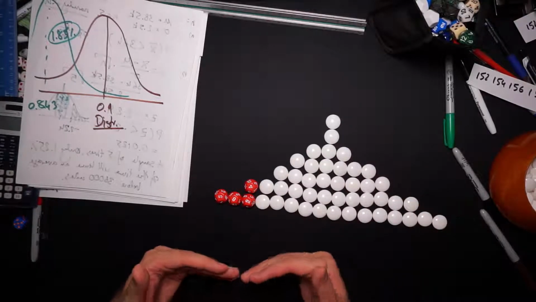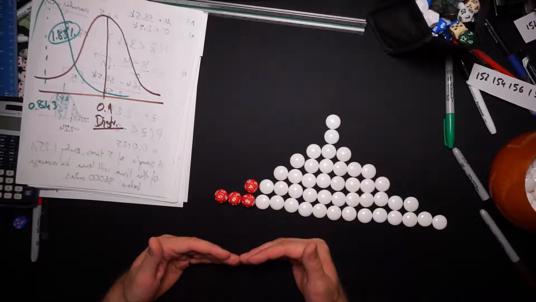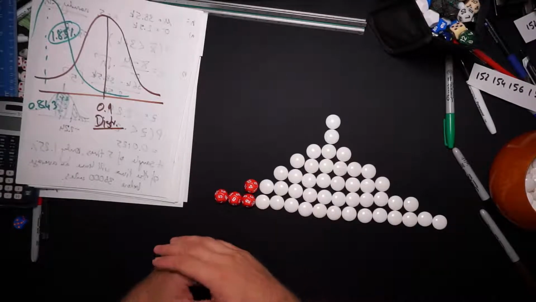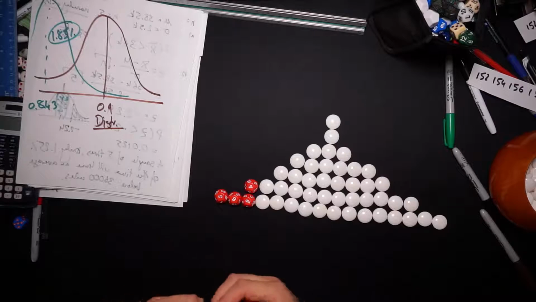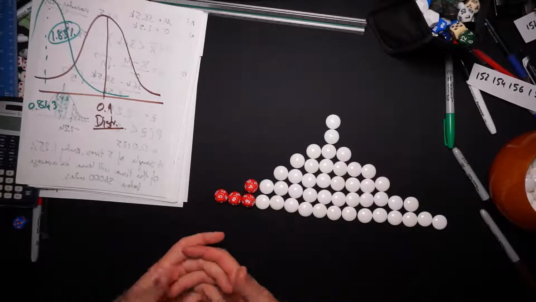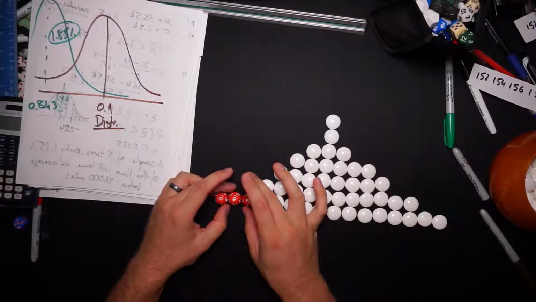The idea is that if the probability of something happening is very, very small, then it's very, very unlikely that the assumptions we made about this are true, right?